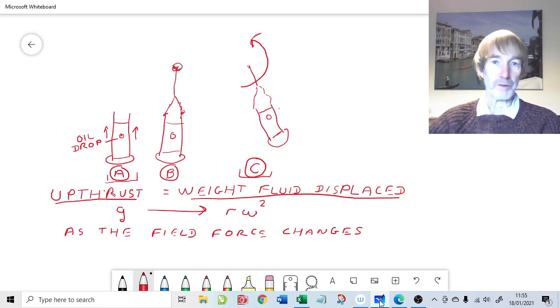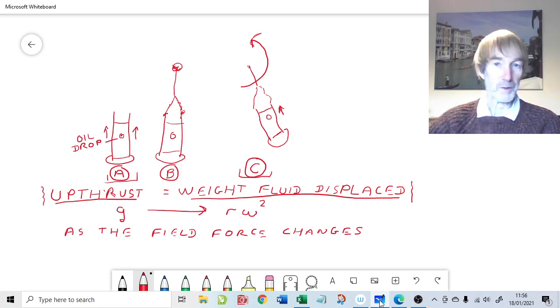Remember, it was moving upwards when it was just under gravity. Does it suddenly change direction and move downwards when we start spinning around? No, of course not, because Archimedes' principle is still valid. The weight of the fluid displaced is still going to be greater than the weight of the oil droplet, so the oil droplet will be moving upwards, or if we're spinning it round and round, it will be moving inwards.